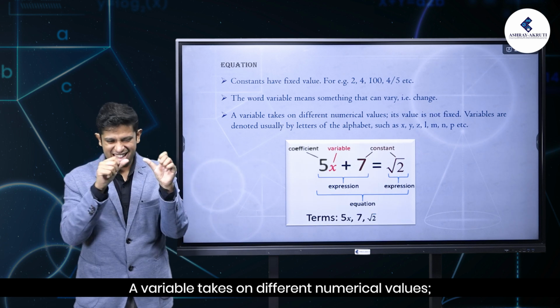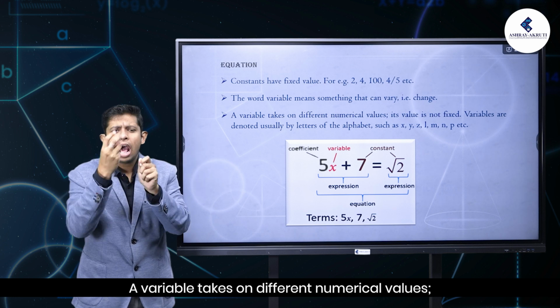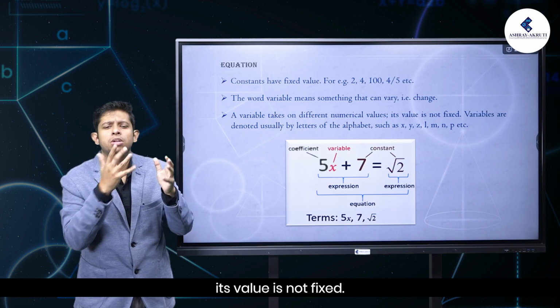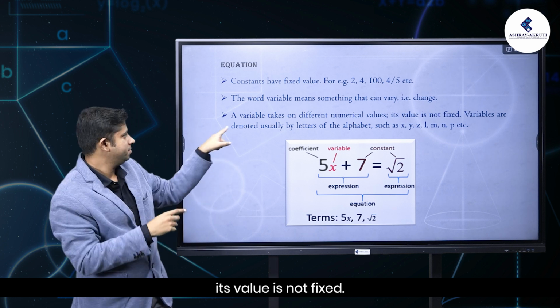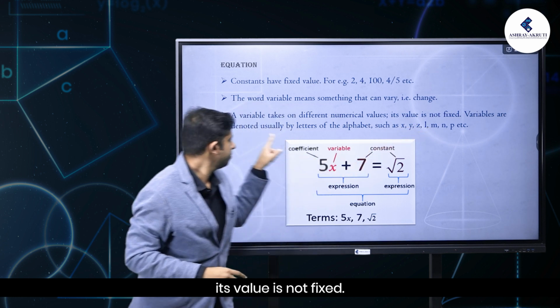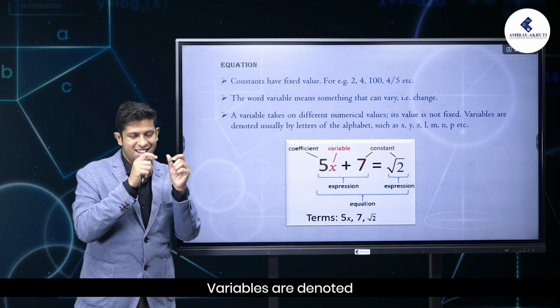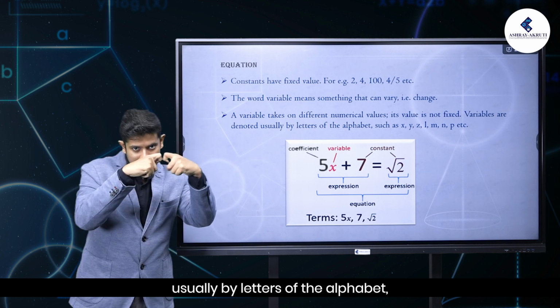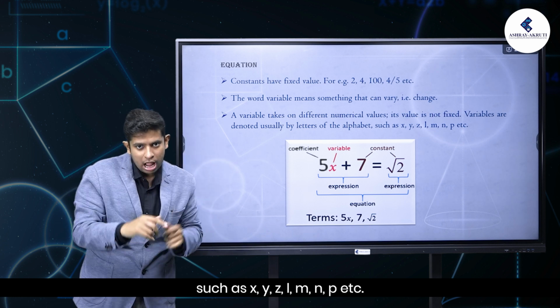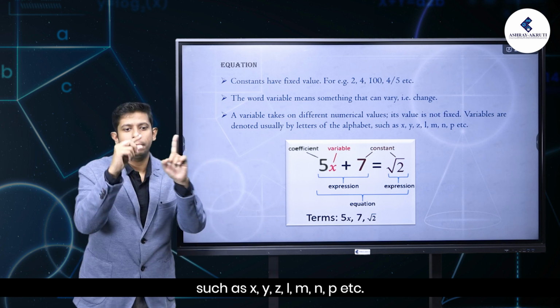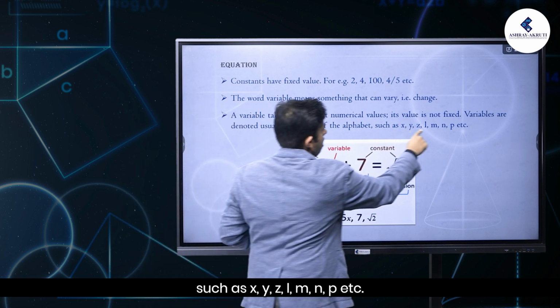A variable takes on different numerical values. Its value is not fixed. Variables are denoted usually by letters of the alphabet such as x, y, z, l, m, n, p, etc.